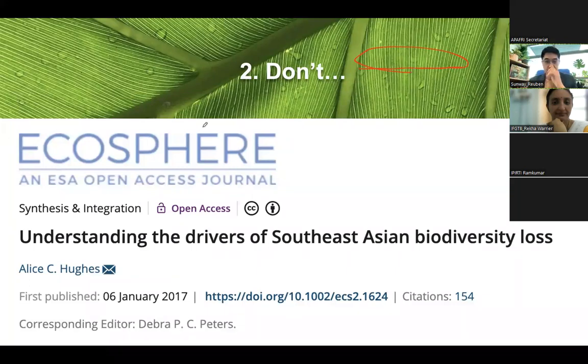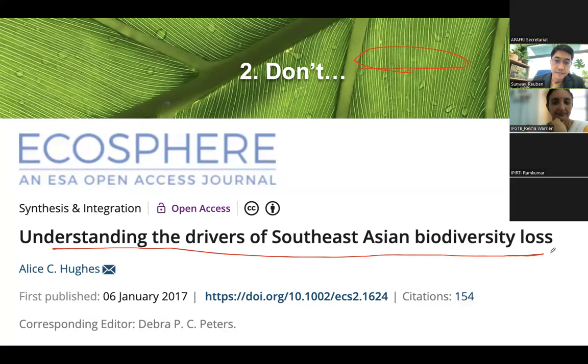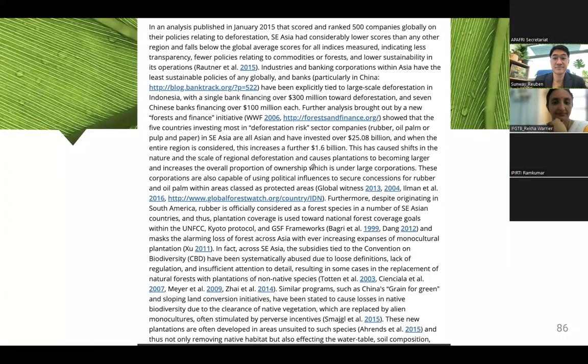There's a paper I came across the other day called Understanding the Drivers of South Asian Biodiversity Loss in the journal Ecosphere, and I was reading it. What struck me was this. Can you tell me what this author is doing wrong here? Those of you who know the answer, just type it out, give suggestions. What is this author doing wrong?